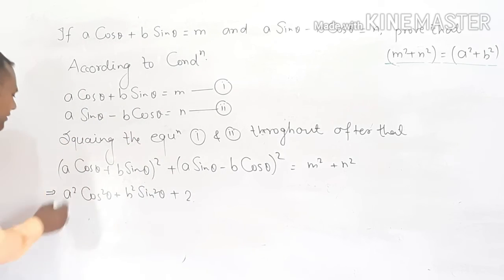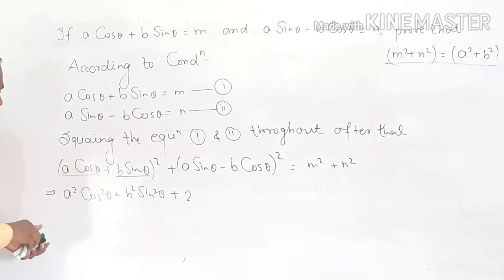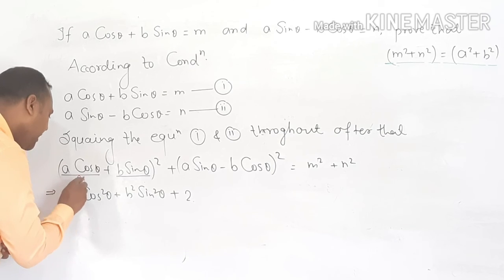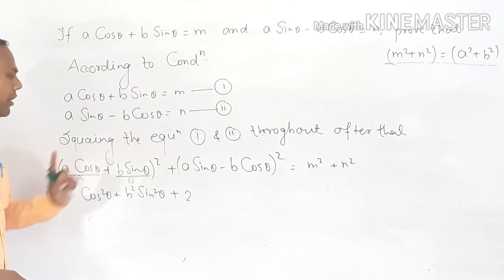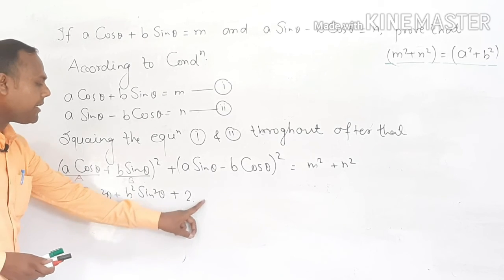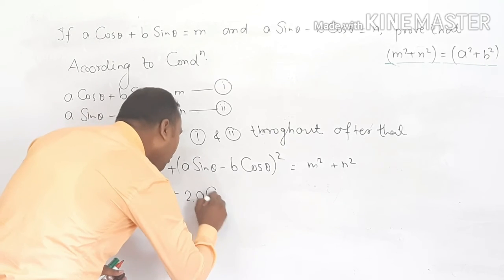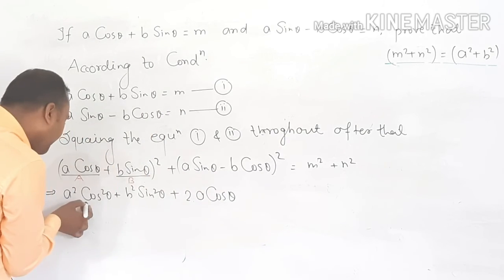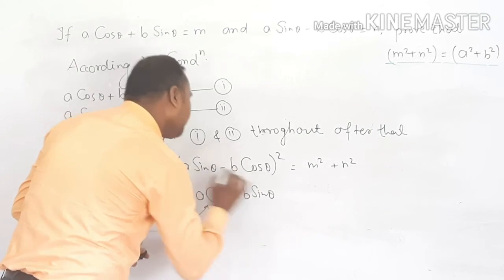this is the first part and this is the second part. That means if we consider this is a and this is b, then a plus b the whole square is a square plus b square plus twice of a into b. That means we can put here a cos theta as the first term into b sin theta.